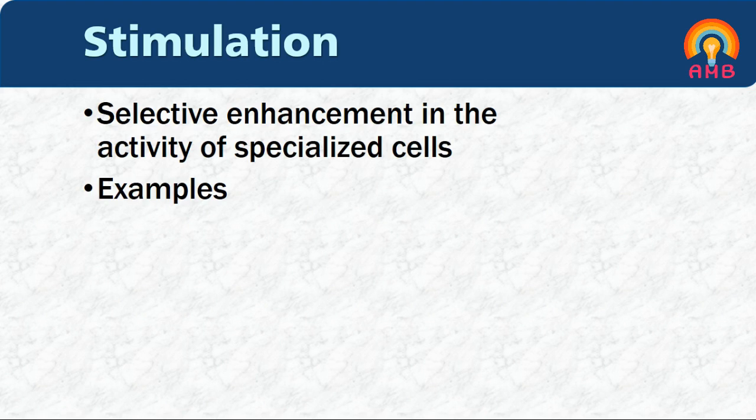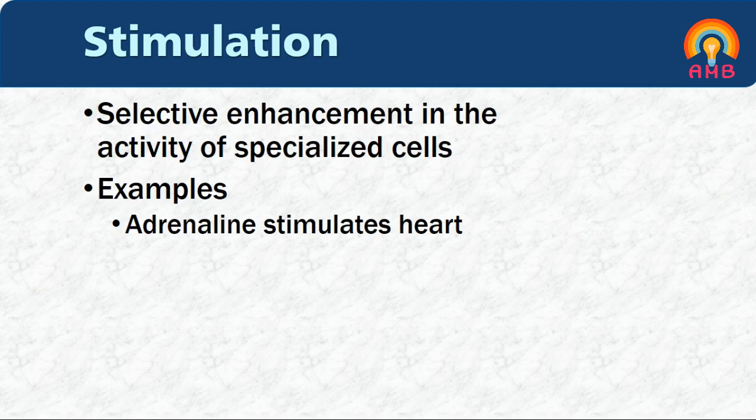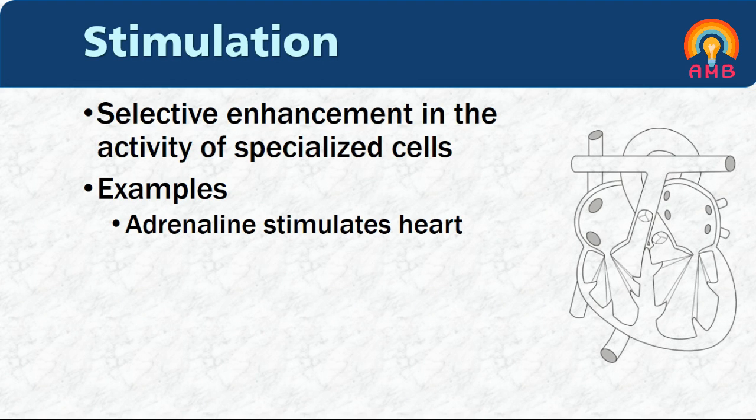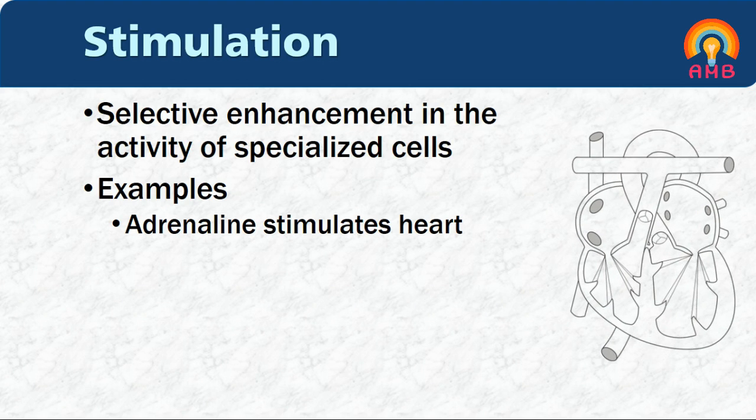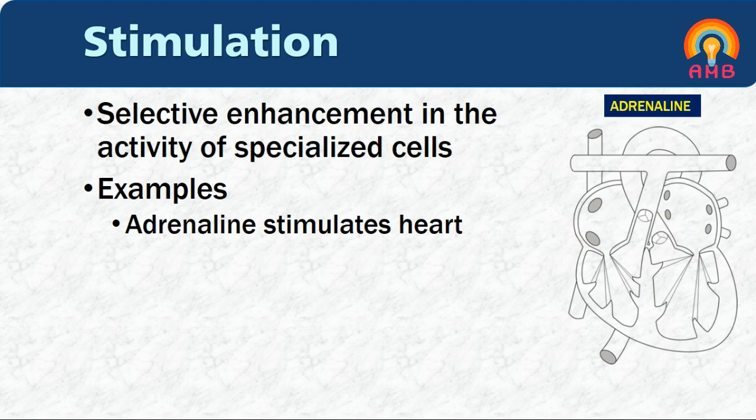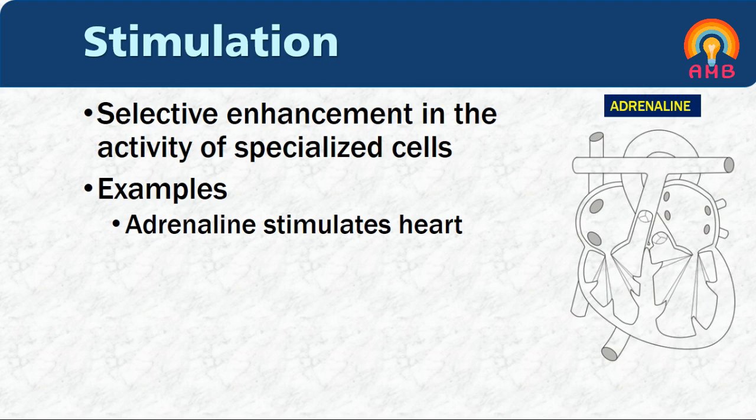For example, adrenaline stimulates the heart and increases heart rate, force of contraction of the heart and tone of cardiac muscles. Here you can see the speed of heartbeat in normal condition, and in presence of adrenaline the heart rate is increased.